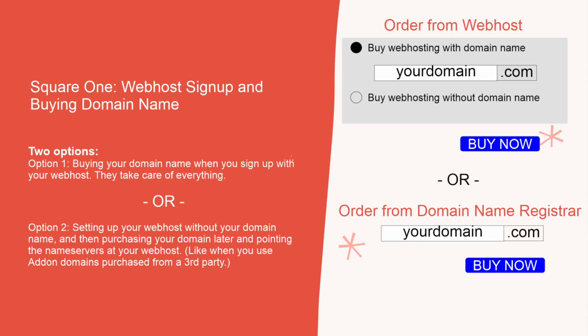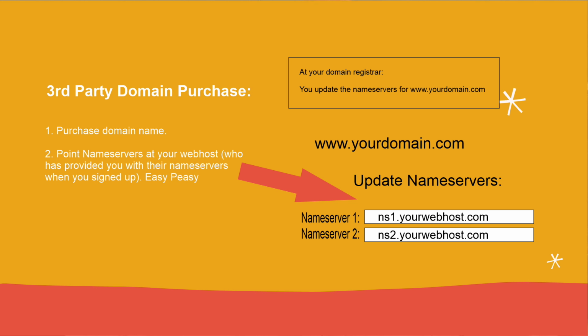Well, we're going to dig in even more there, because let's go back to square one. You buy your domain name, you either do it at a web host and they set it all up for you, or you buy it from some external third party. If you buy it from an external third party, you're going to point that at your web domain server on your web host.